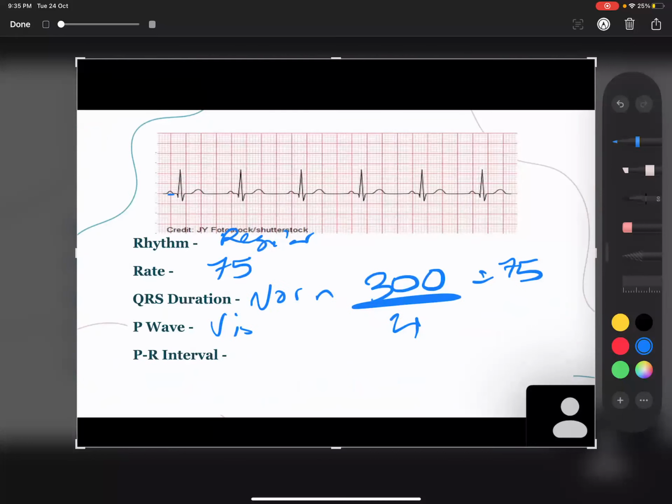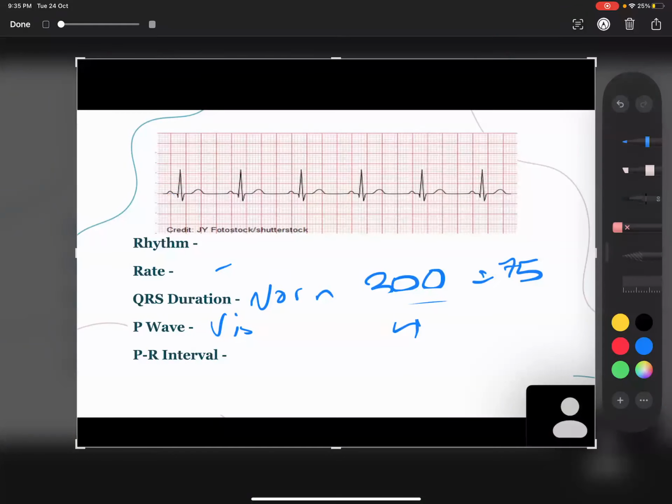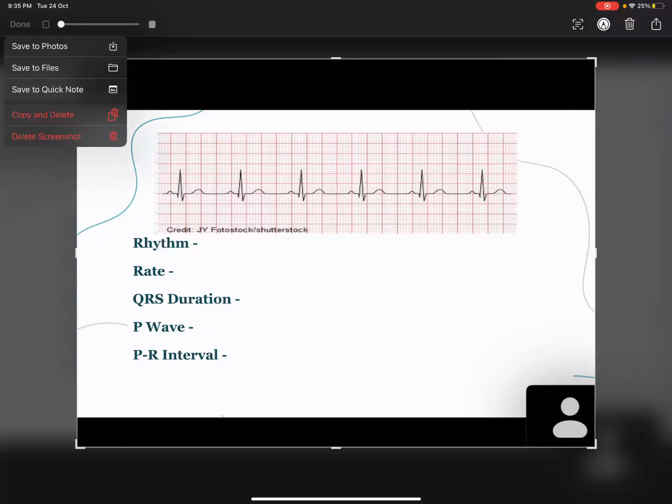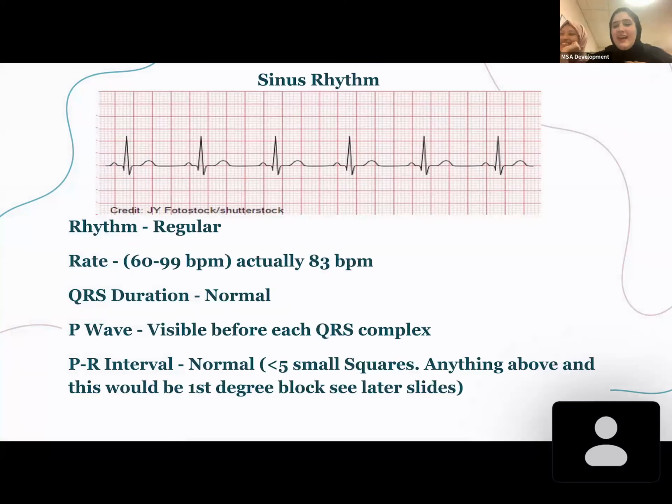So it's normal. We have a normal PR interval. So here, guys, what do you think this strip stands for? You all got it: normal sinus rhythm. Yay! You got everything right.